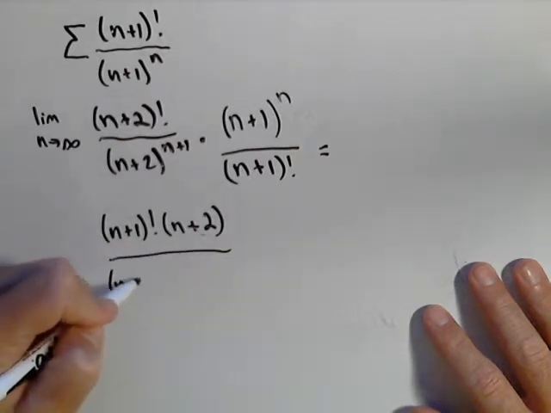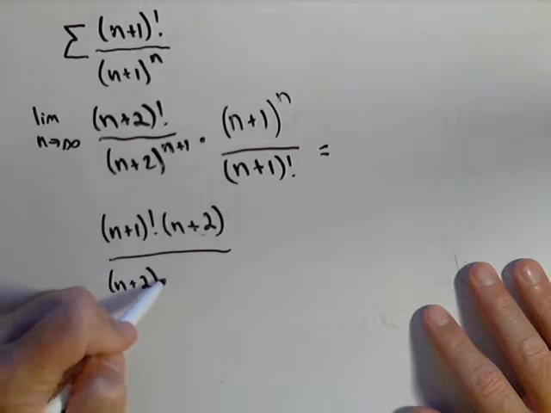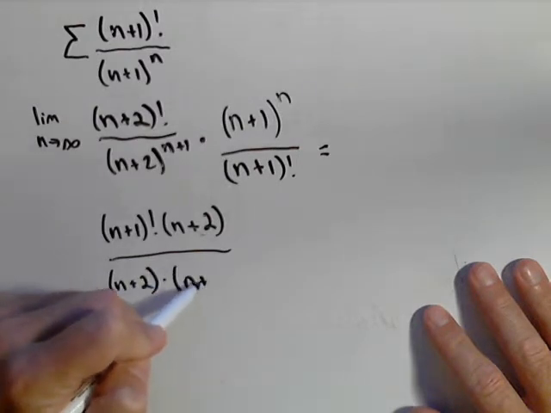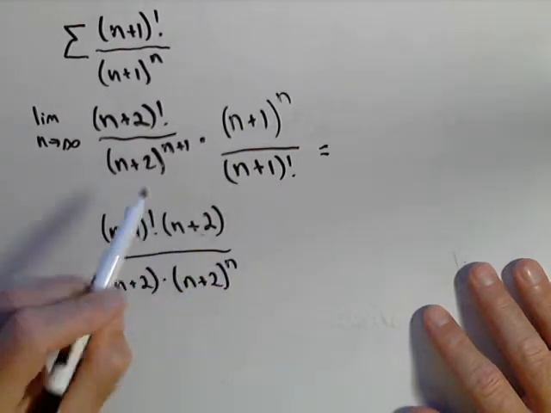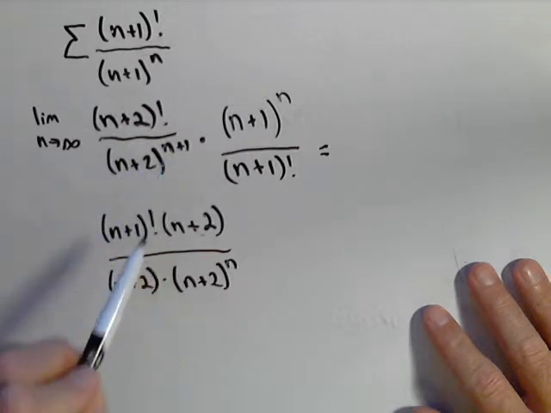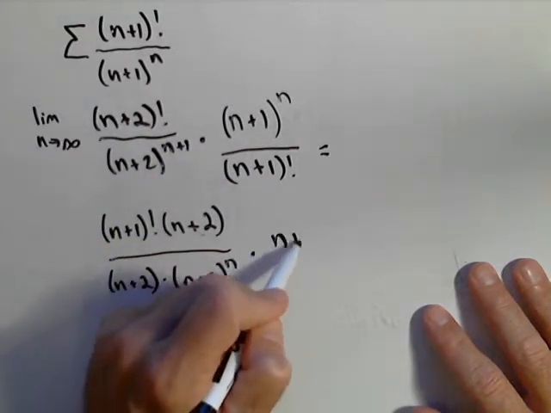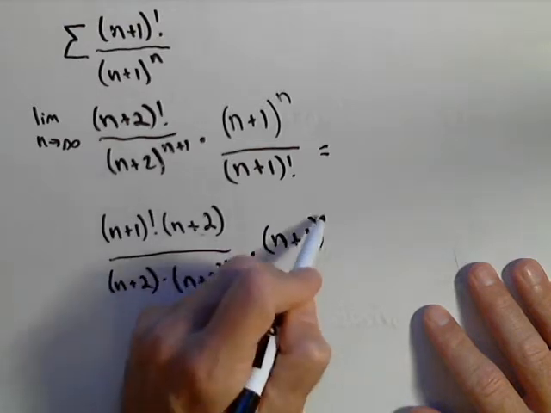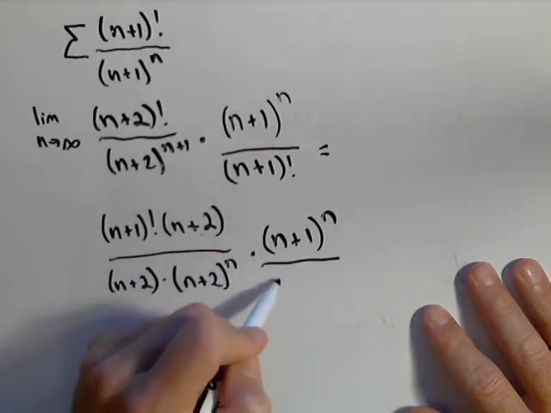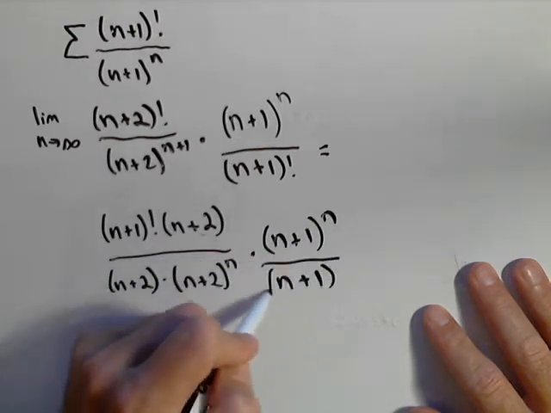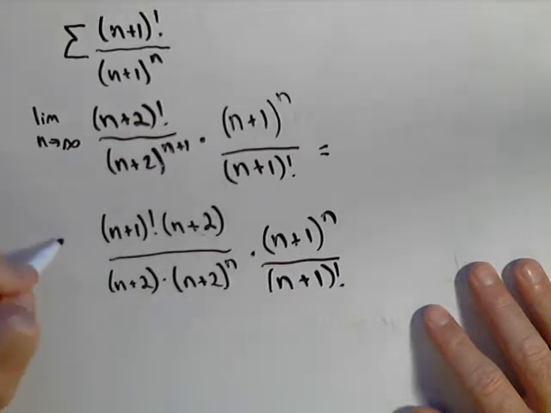I can pull out one of the n plus 2's basically. I'm going to write it as n plus 2 times n plus 2 to the n. So that one extra n plus 2 I'm splitting off. Times n plus 1 to the n over n plus 1 factorial.